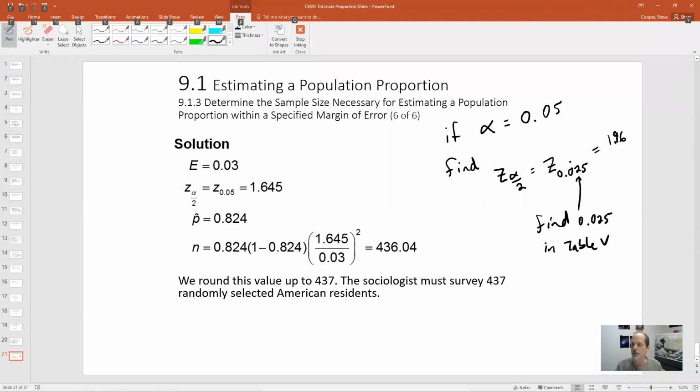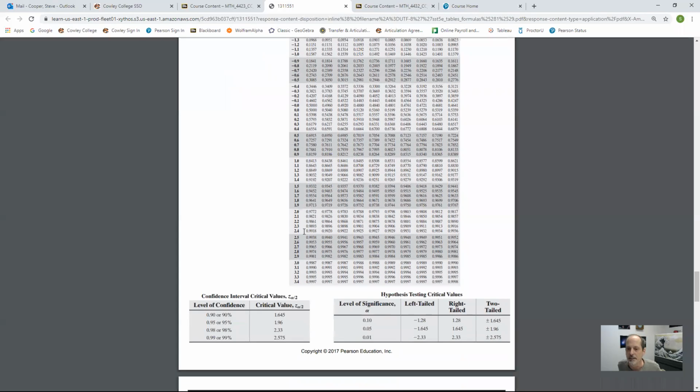Now, if you recognize that an alpha of 0.05 implies a level of confidence of 95%, then you can look down here to your shortcut table and say, oh, for 95% confidence, I need to use 1.96. But notice your shortcut table has only got 4 different levels of confidence. Those are the predominant ones that you'll be working with, which is good.